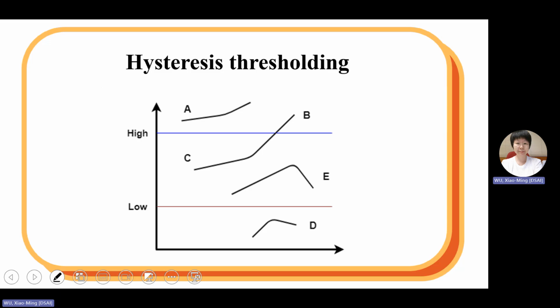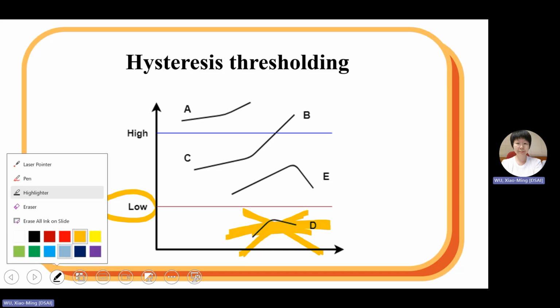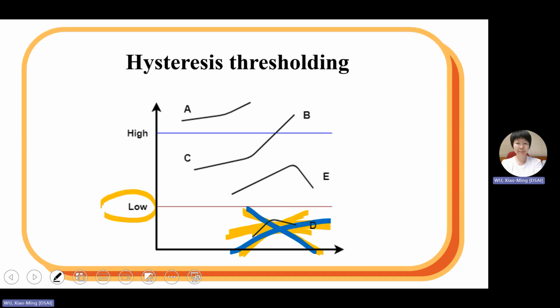First of all, let's take a look at an example. The pixels whose gradient magnitude is below the low threshold, the pixels of D, are not edge pixels. The pixels of A are considered strong edge pixels, and so are the pixels of B, because their gradient magnitude is higher than the high threshold.